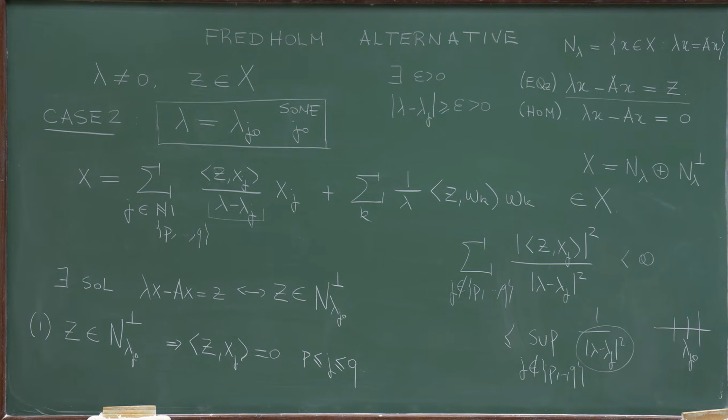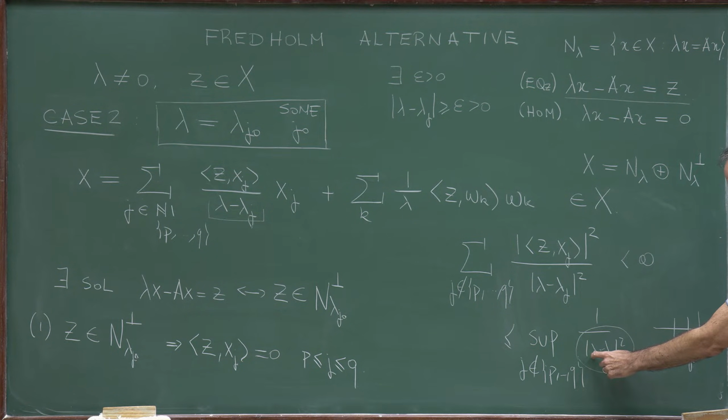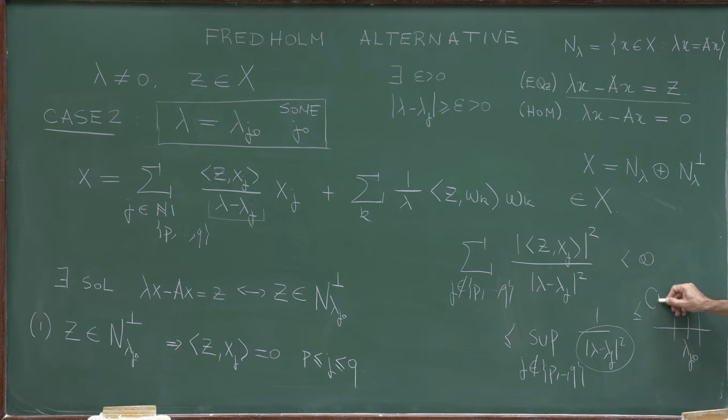So this difference, since I'm removing from the sum all eigenvalues which are equal to lambda j0, in this supremum this distance is larger than the minimum between this distance and this distance. And therefore this distance is always bounded below by a strictly positive constant, and therefore the inverse is bounded above by a finite constant C1.